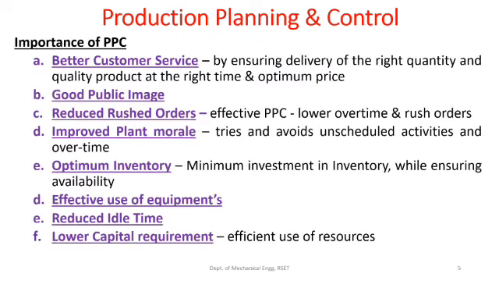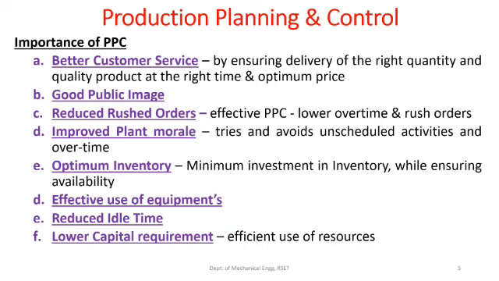Now, the importance of production planning and control. Production planning and control is important because it can help deliver better customer service by ensuring delivery of the right quantity and quality of products at the correct price and at the right time.